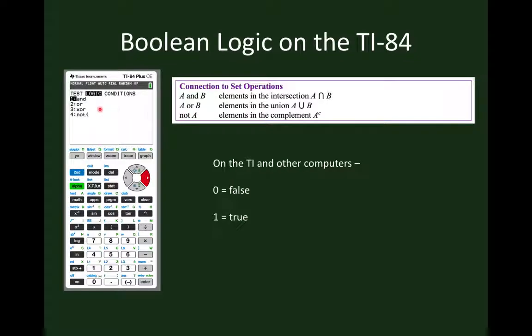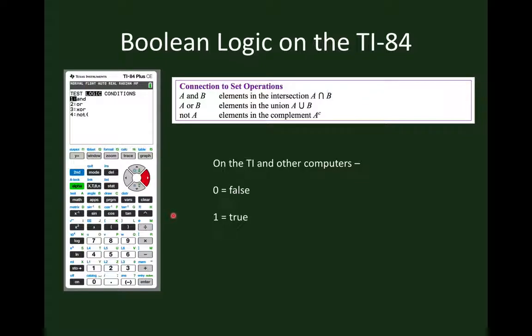The calculator also has this exclusive OR statement. Generally in math, we think of the OR statement as inclusive, meaning that we can have elements in both sets, or that the union includes elements in the first set, the second set, and also in both sets.